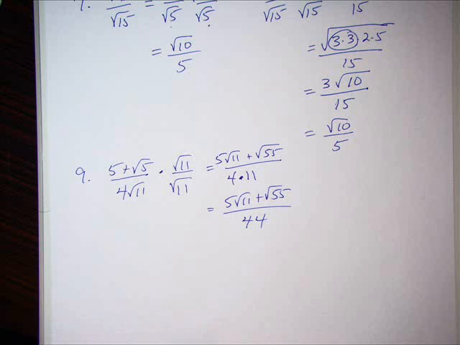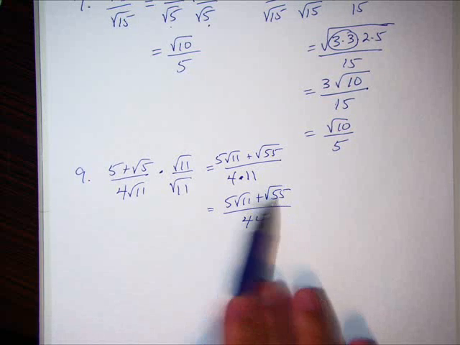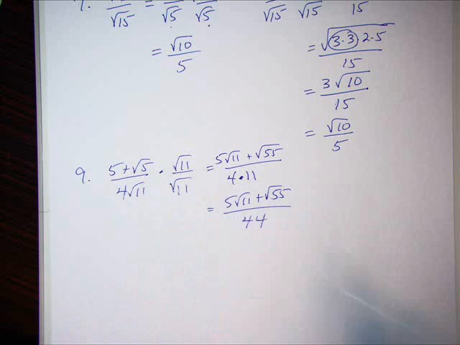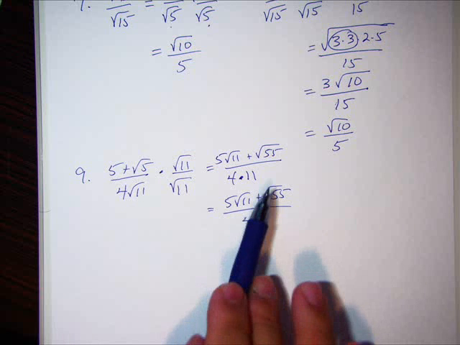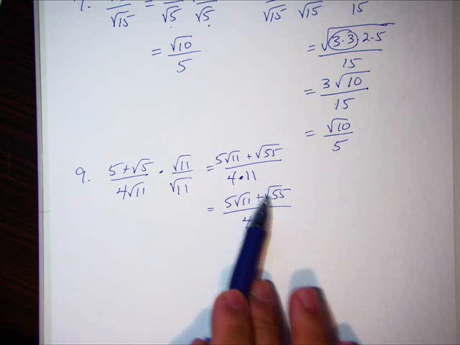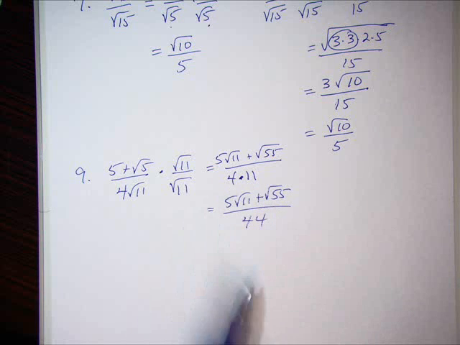Check to see if this can be reduced. 55 came from 5 and 11. They're both prime numbers. They can't be factored any further. So there's no coefficient other than 1 in front of square root of 55. It means nothing can be reduced between numerator and denominator. So that's number 9.